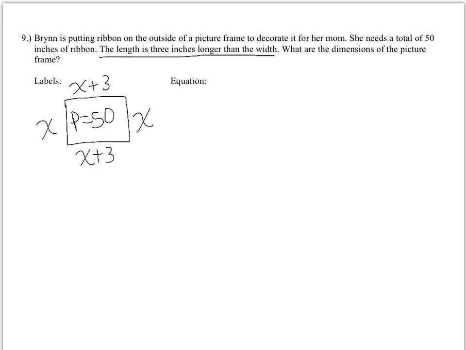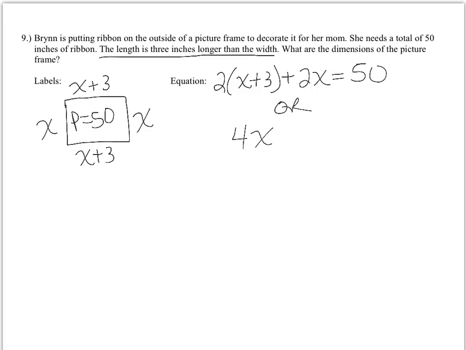I'm going to use the formula because that seems to be the most common way to do it. So it's going to be 2 times the length, which is x plus 3. And then we've got 2 widths, which is 2x, and that's going to equal 50. Or if you wanted to, you could have just said that the equation was 4x plus 6 equals 50. We're not going to solve this one because it's just asking for the equation.